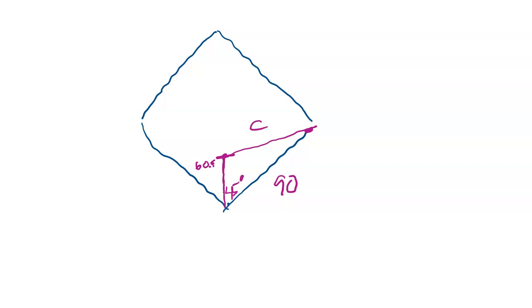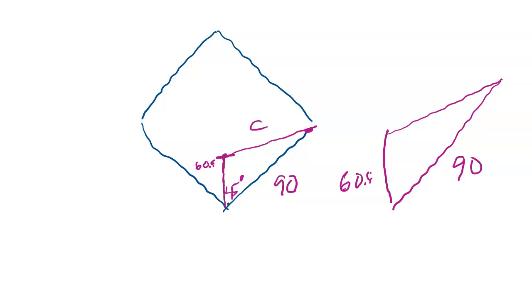I can use my formula. I'm going to redraw the triangle: pitcher's mound to home plate to first base. This is 90, this is 60.5, and this is 45. I can just use my fancy formula.